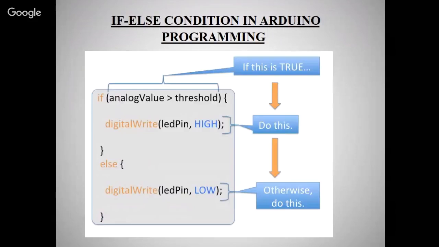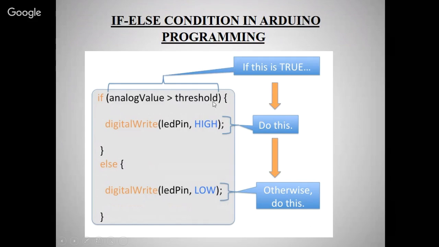Now you can see here the if else condition, because in the solar tracking we have used the if else condition. These are the basic elementary parts of programming you have to know. In the if else condition, if the analog value is greater than the threshold value, you can define it like 5 volt, 3 volt, 2 volt, depending on what you want.